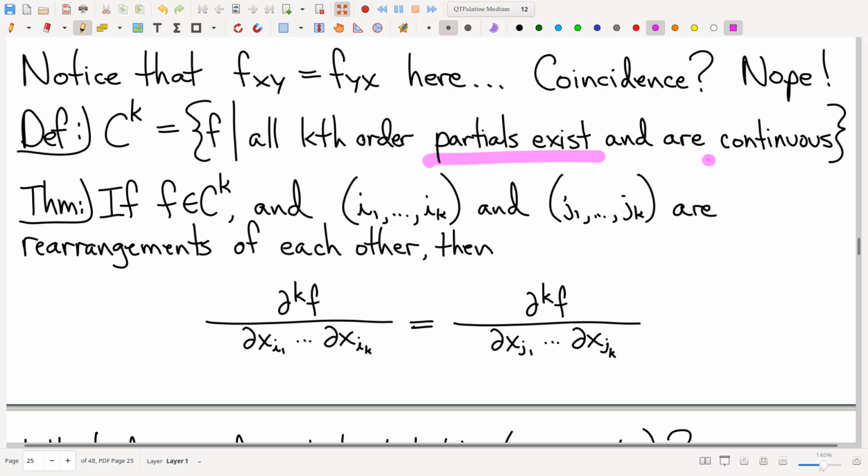They're all continuous because they're all polynomials. And therefore polynomials are always C^k, no matter what k you pick. No matter how many derivatives you want to take, partial derivatives satisfy this condition, and so for polynomials, you can take the partials in whatever order you want. Okay, everybody happy?